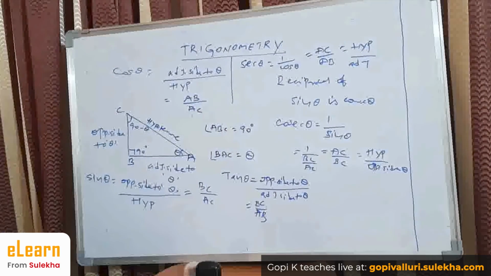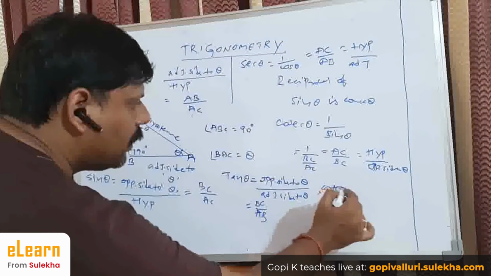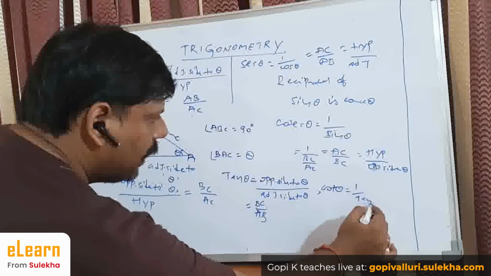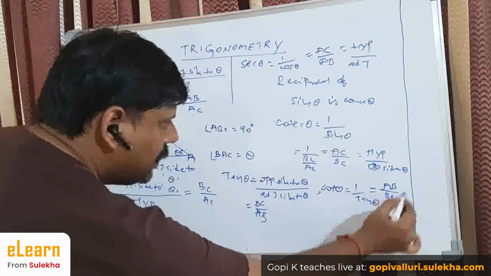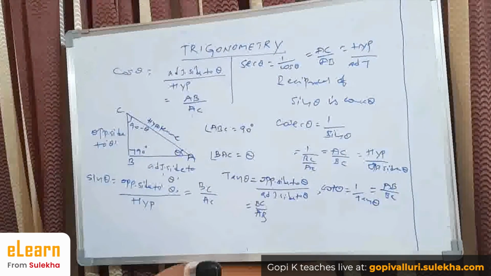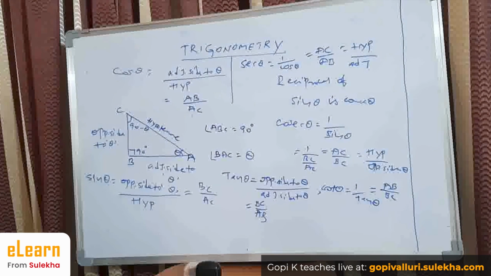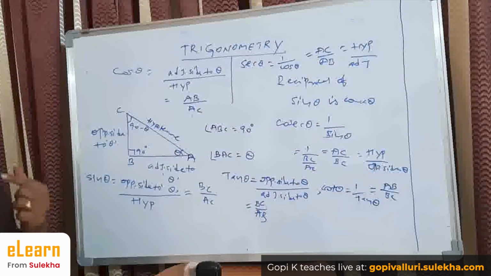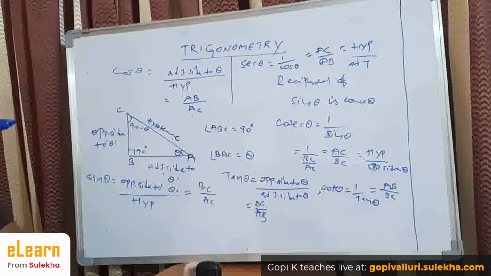Once you know tan theta, I can write cot theta, because cot theta is the reciprocal of tan theta, so AB by BC. So students, now I think you understand. The 6 trigonometric ratios are sine theta, cos theta, tan theta, and their reciprocals are cosec theta, sec theta, and cot theta respectively.